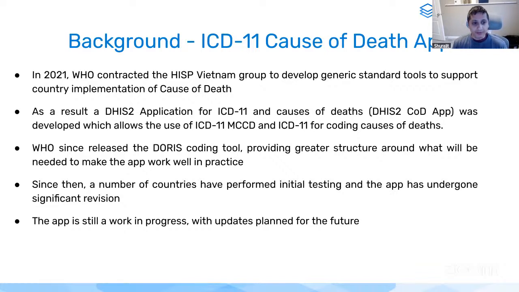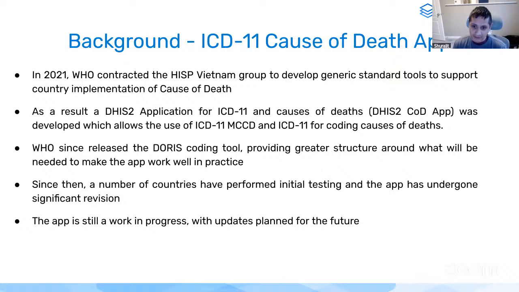We've developed the cause of death app, and it's undergone several iterations. Since then, WHO has released a DOORS coding tool that you can go to and have a look at online. It really helped us shape how the cause of death app should work. With the DOORS coding tool, you can enter your causes of death. It'll give you a lot of feedback.